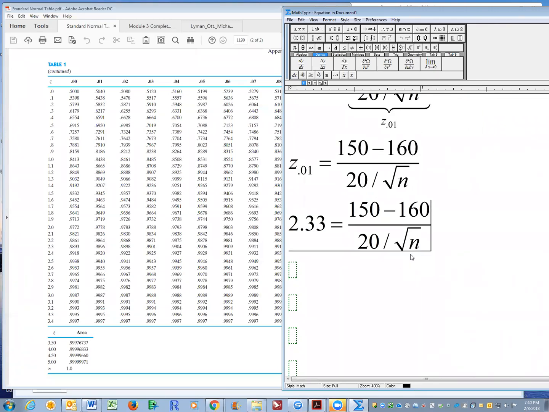So algebra-wise, this root n right here is actually in the denominator of the denominator. Okay. So if I could convince you, let's suppose I had 1 divided by 1/3.